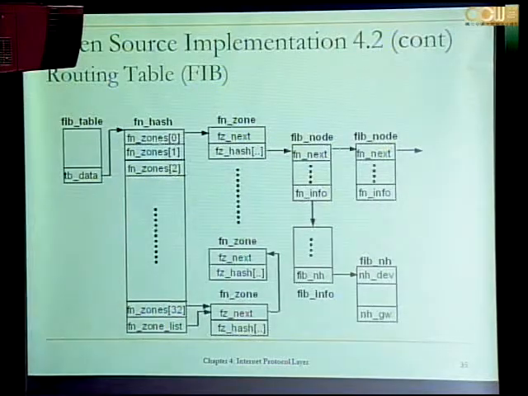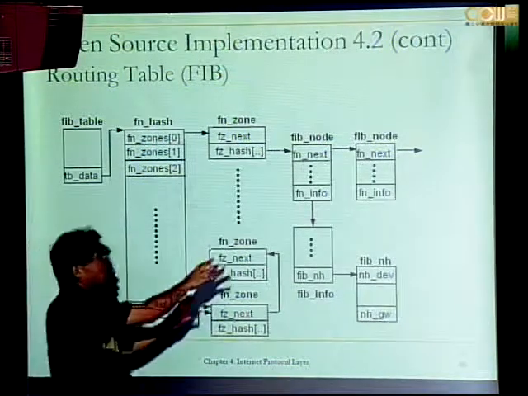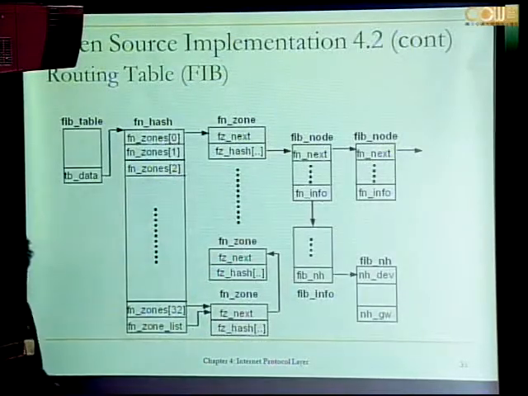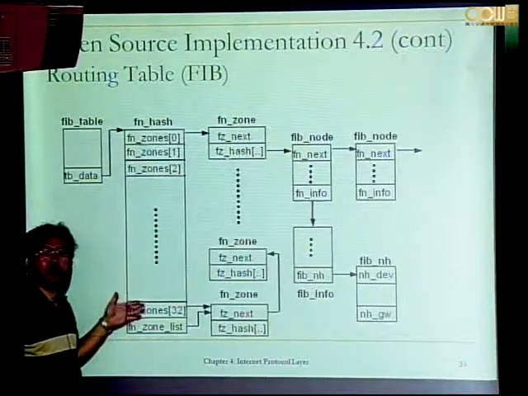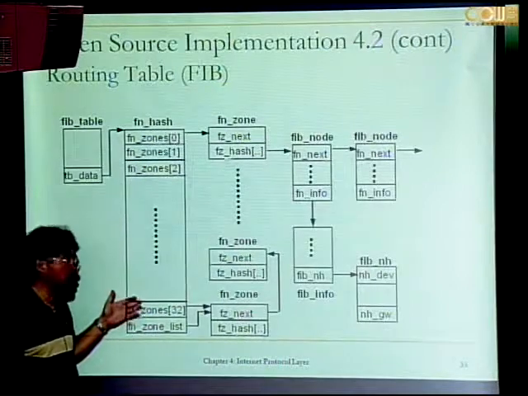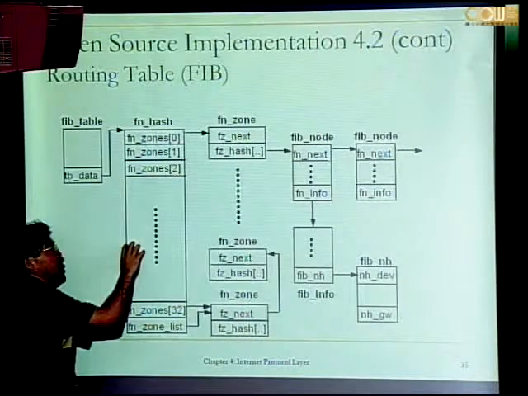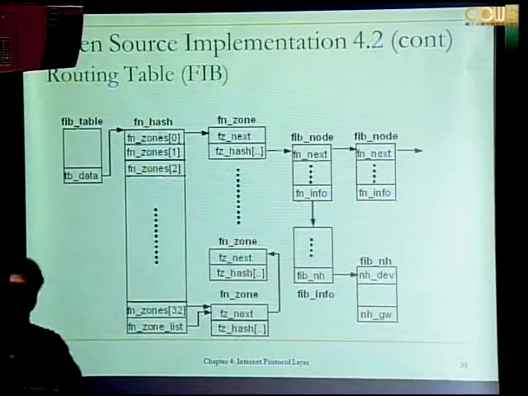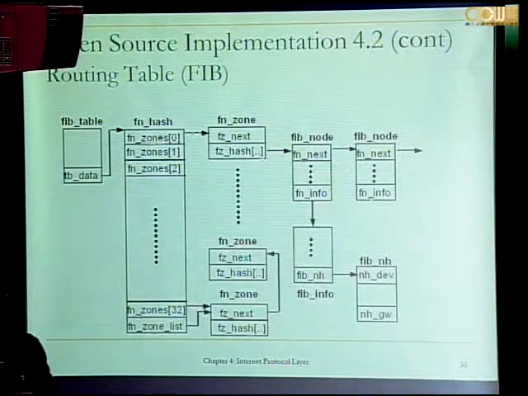So if I have say 50,000 entries in the routing table, I would organize them according to the prefix length. An entry with a prefix length of 32 bits is unlikely. Most of the prefix lengths will be between 16 and 24.